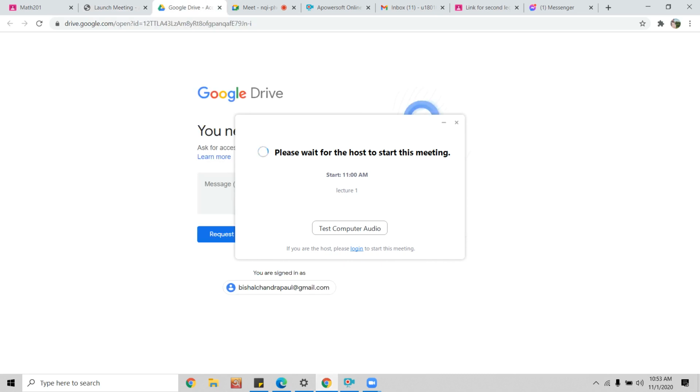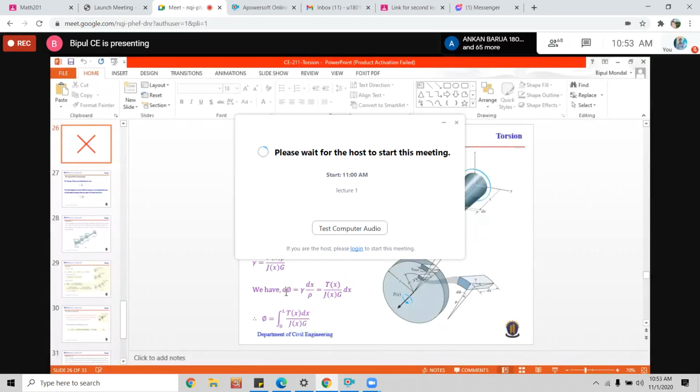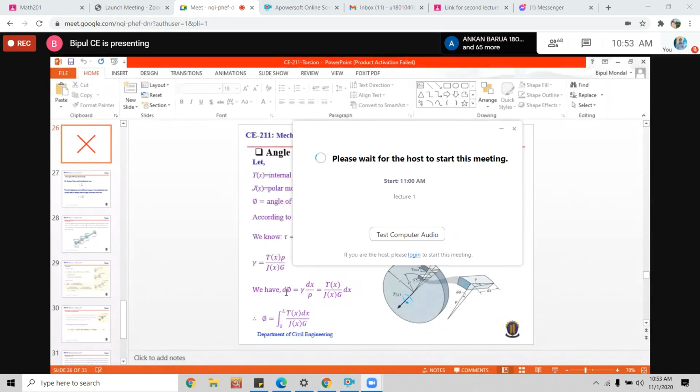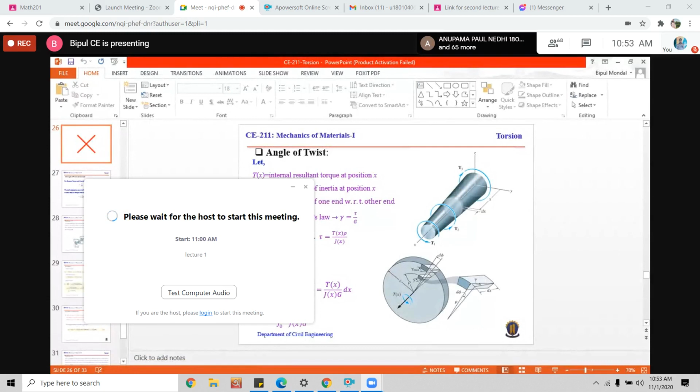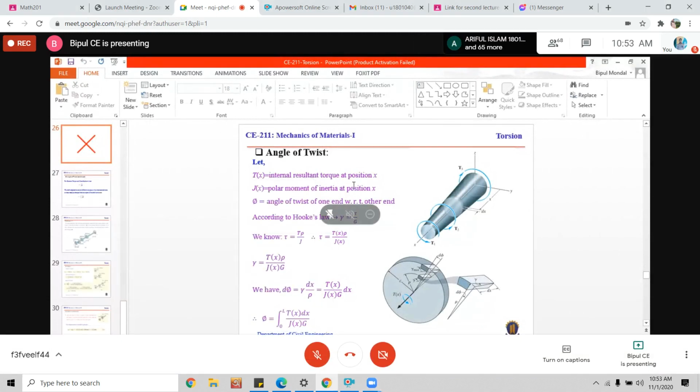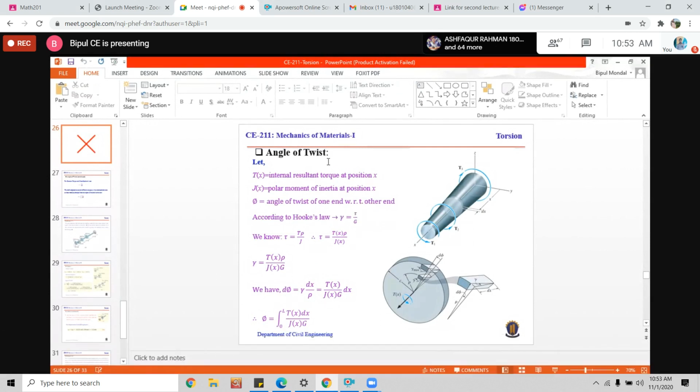And that is designated by delta phi. So what is the difference between angle of twist and angle of rotation? The angle of twist means the angle of rotation of one surface with respect to the other surface.